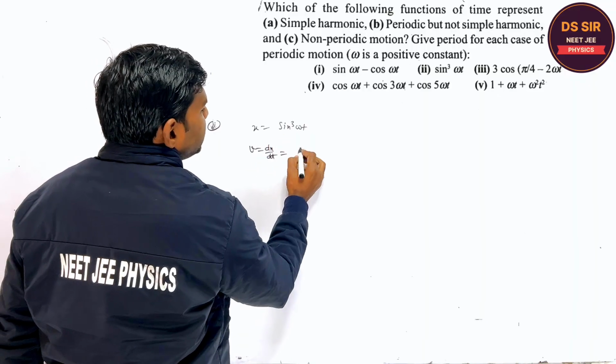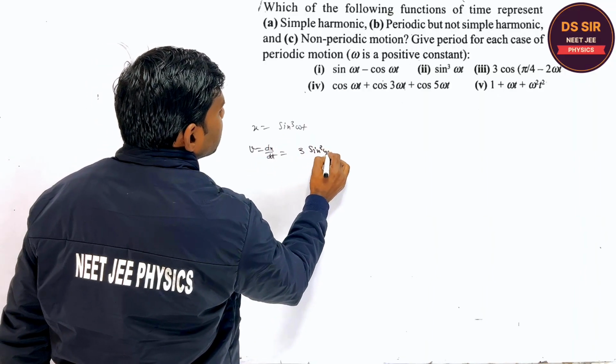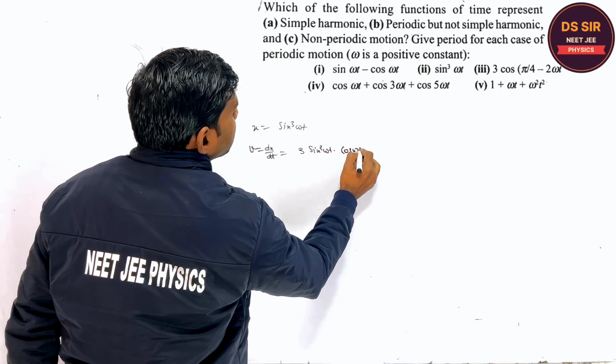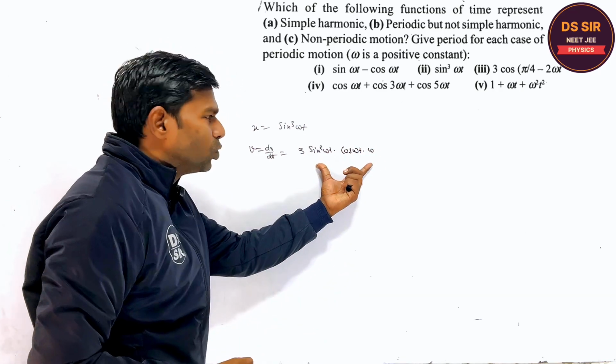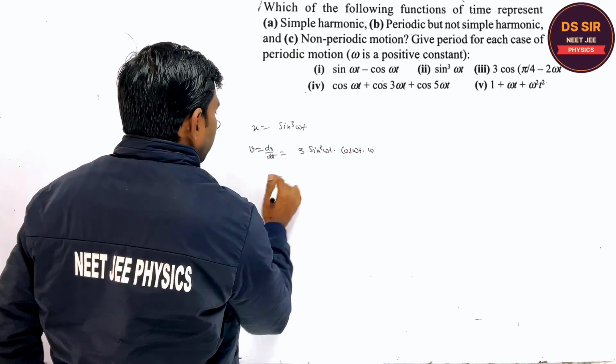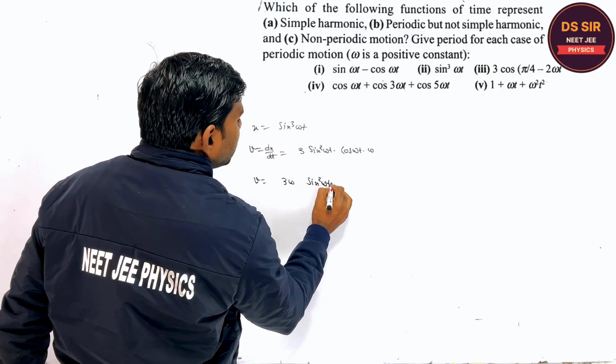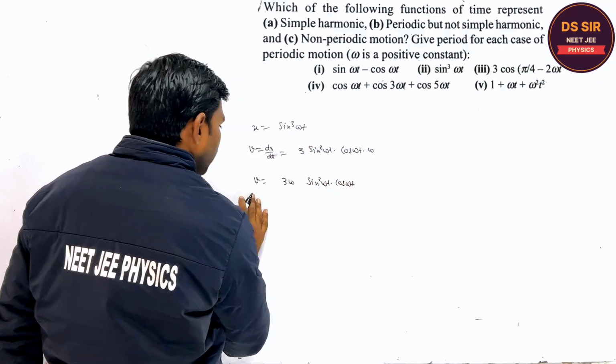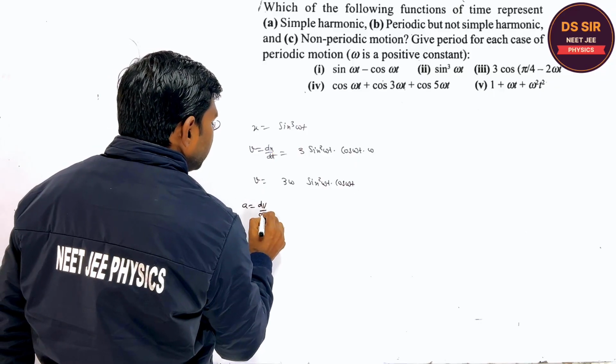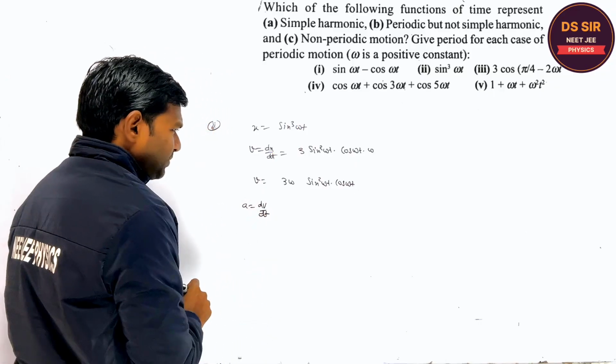So differentiate: 3 sin square omega t into cos omega t into omega. I think you know how to differentiate this. This is 3 omega sin square omega t into cos omega t. Now to find the acceleration, differentiate it again.